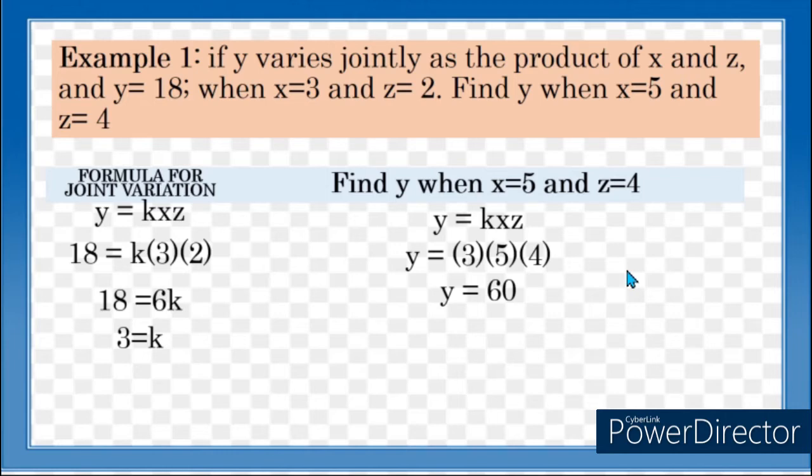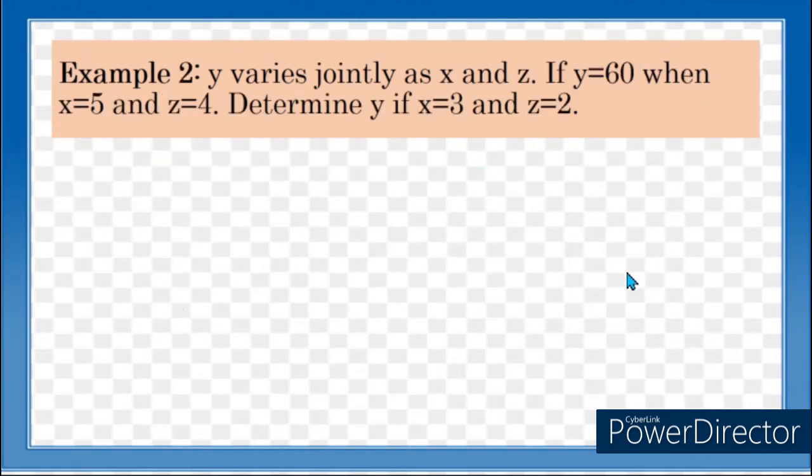Okay? So next we have example number 2. We have here y varies jointly as x and z. If the value of y is equal to 60 when the value of x is equal to 5 and z is equal to 4, let us determine the value of y if x is equal to 3 and z is equal to 2.